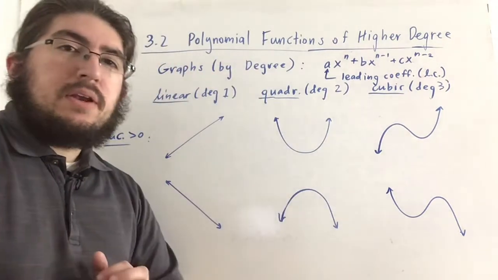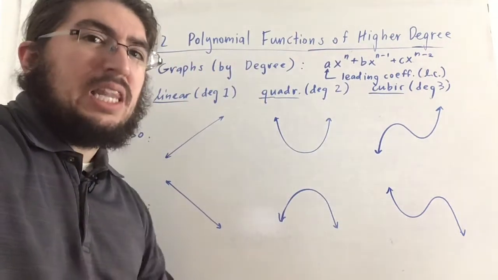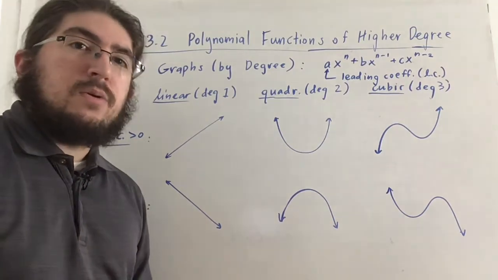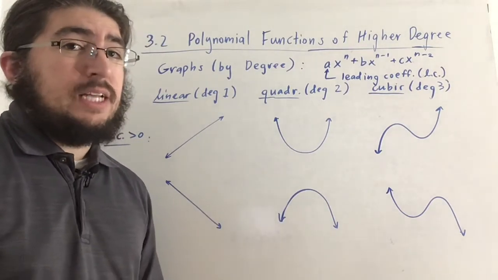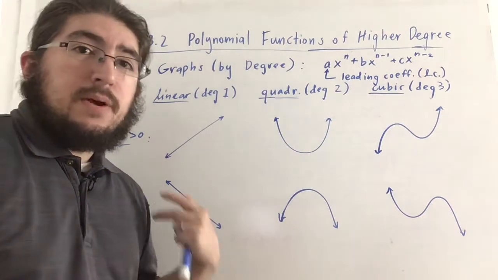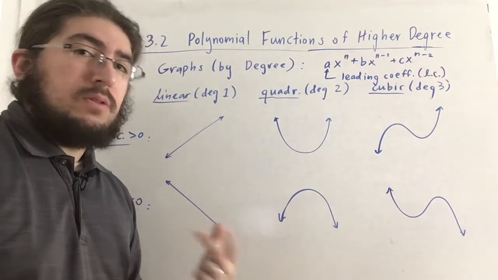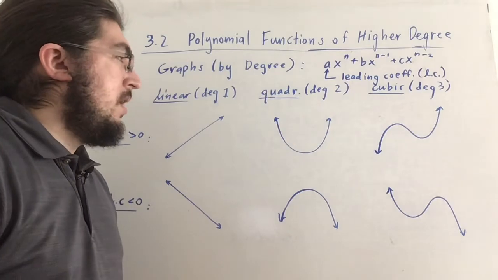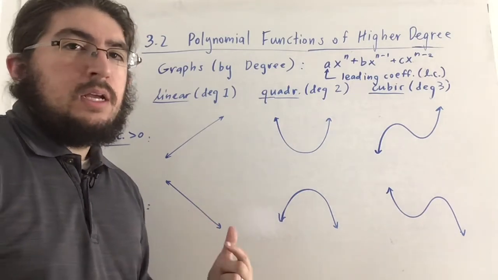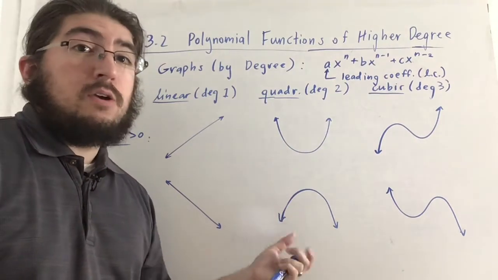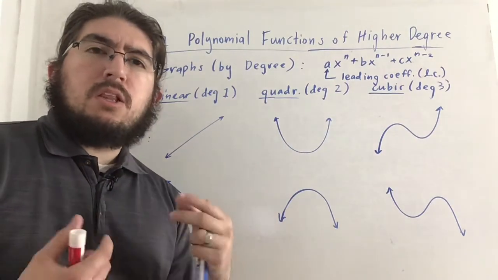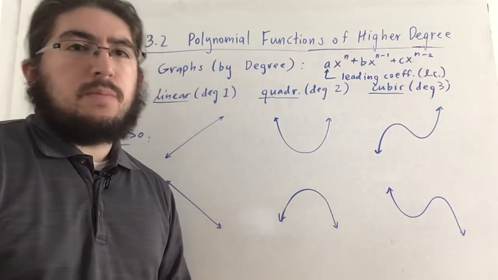The biggest important thing I want to talk about that we'll emphasize a lot in this section is the number of zeros. Remember that a zero of a function corresponds to its x-intercepts, and x-intercepts are the number of times that it hits the x-axis. So the number of zeros, of course, for quadratics, we saw that it's possible you have 0, 1, or 2, but we're going to talk about the largest possible amount of zeros for a polynomial.